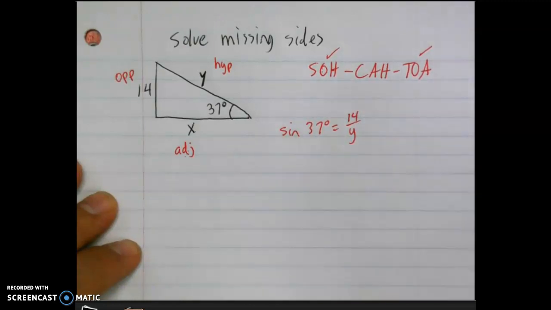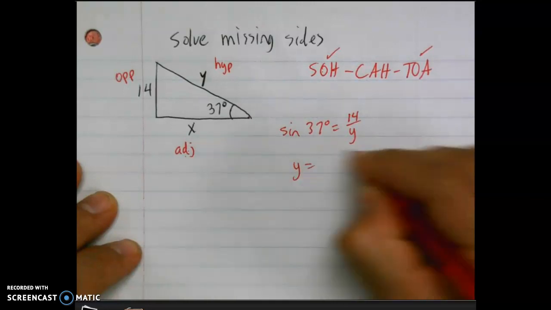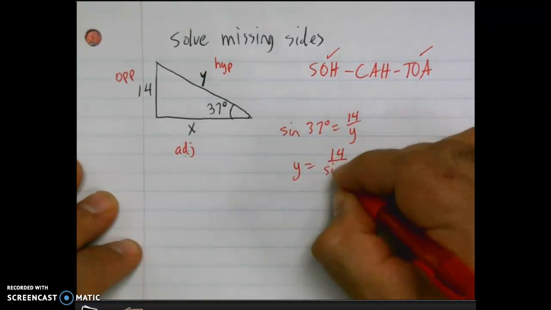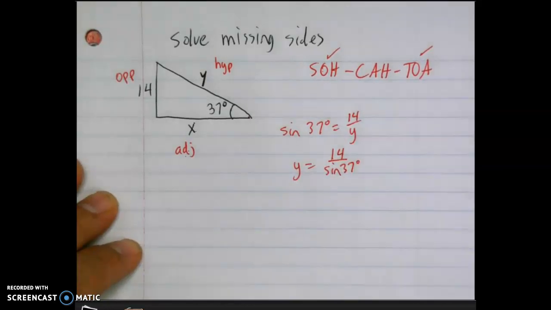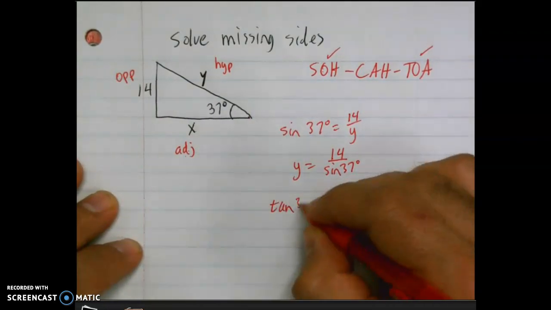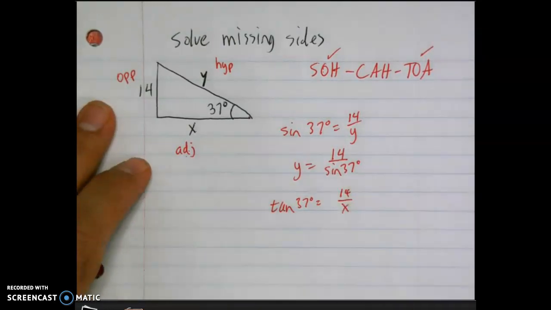There's a quick switch. So to solve for y, if the denominator is down below, I simply switch the trigonometric ratio with y.